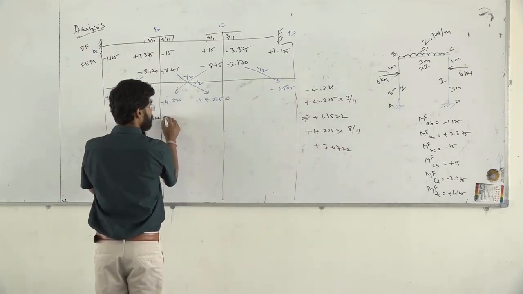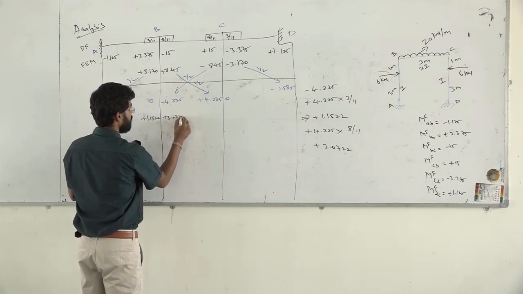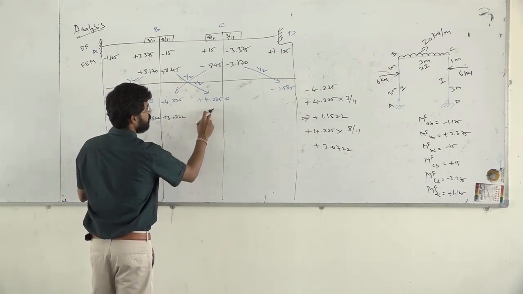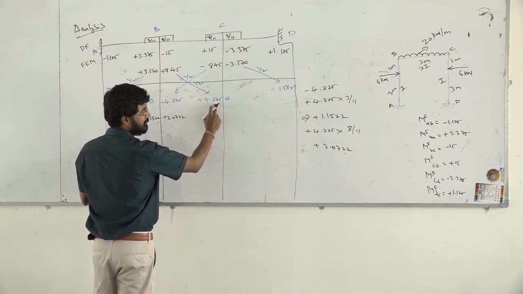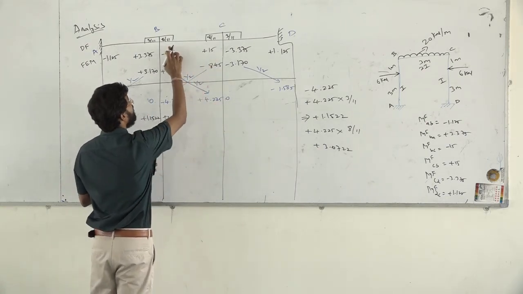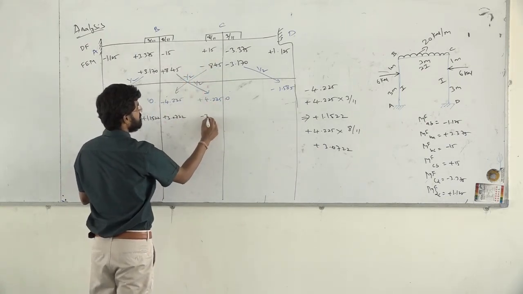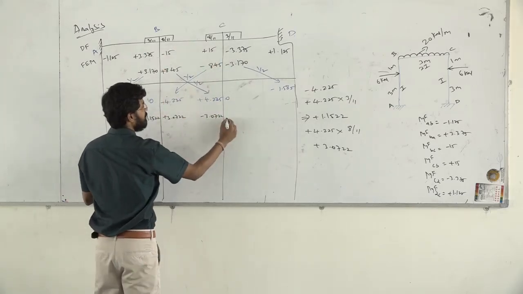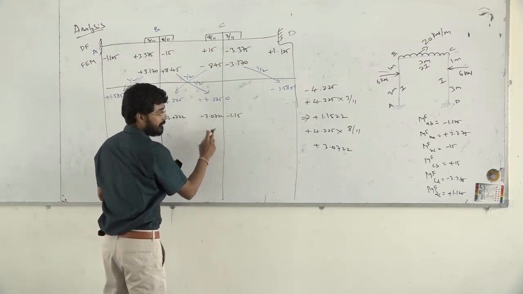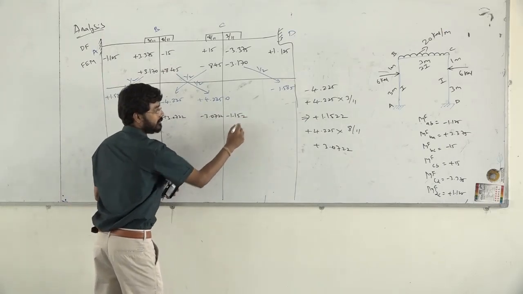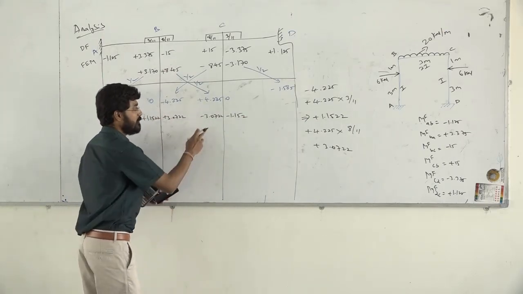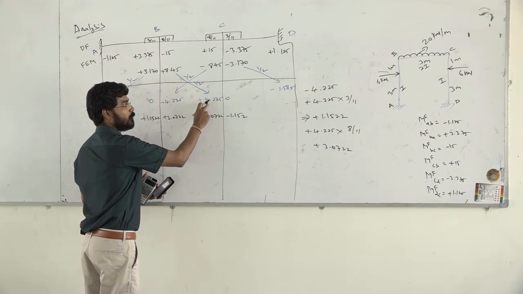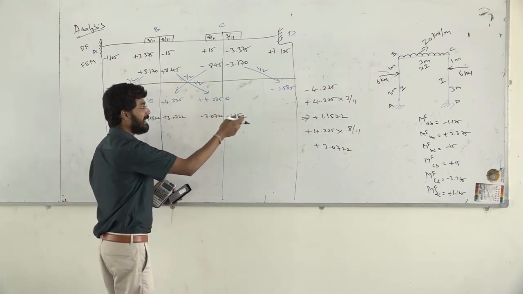Similarly, if you multiply with 8 by 11, you will get minus 3.0722. And even if you multiply with 3 by 11, you will get minus 1.15, as we have got over here. Same we have made, like this is plus 4.225. The sign has to be changed.